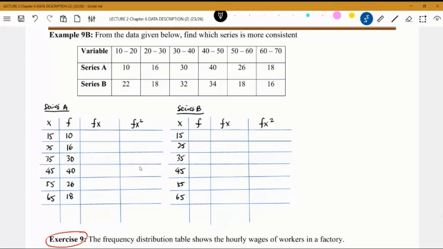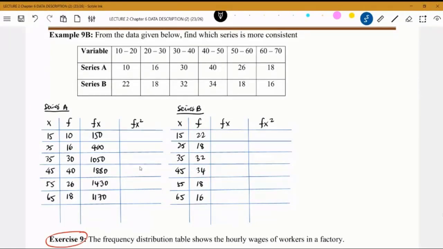For series B it will be 22, 18, 32, 34, 18 and 16. So finding the fx for series A first, we're going to have 150, 400, 1050, 1880, 1430, and then here will be 1170.